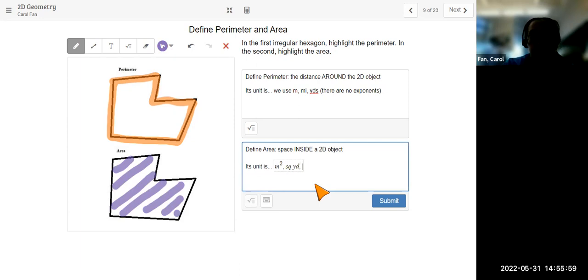We could have kilometers squared. But note that the exponent is always 2. The way we say exponent 2 is square. So here we say meters squared, or when we're not expressing it with the 2, we could say square yard or square meter, square feet.